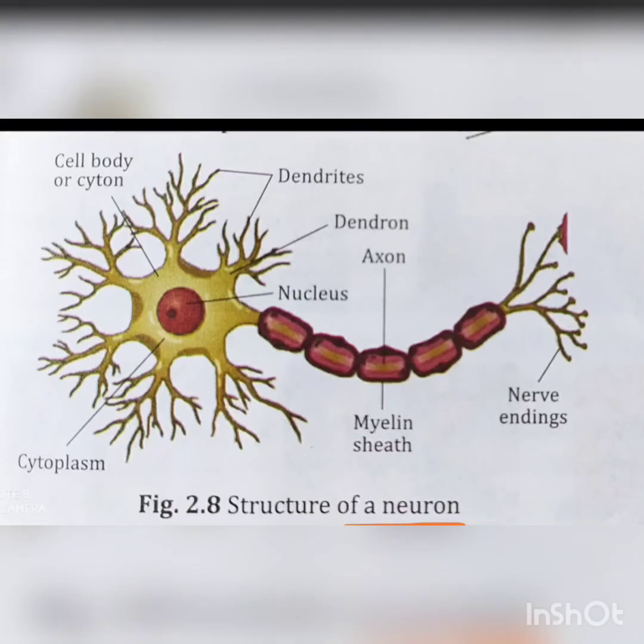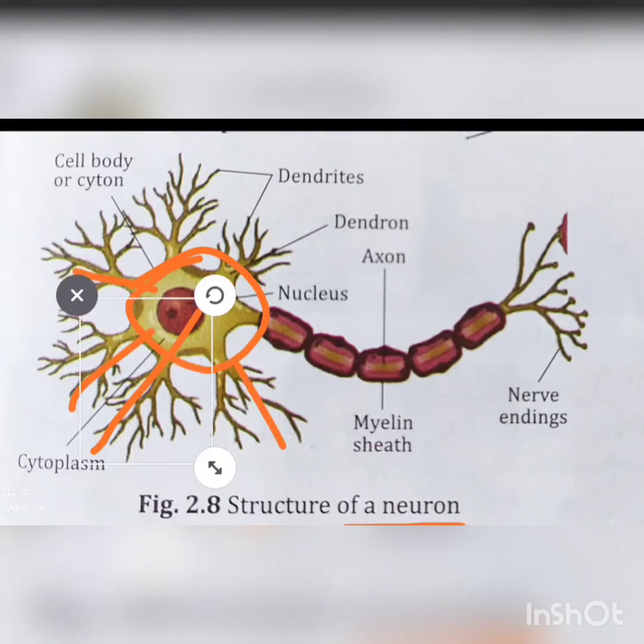Neurons or the nerve cells carry forward the message from the body to the brain and from the brain to the body. Every nerve cell consists of a centrally located cell body or cyton. The cell body contains the nucleus and one or more elongated hair-like extensions called dendrons.